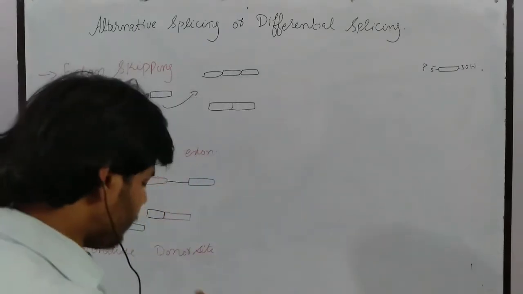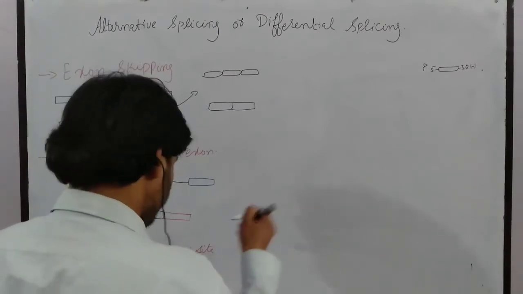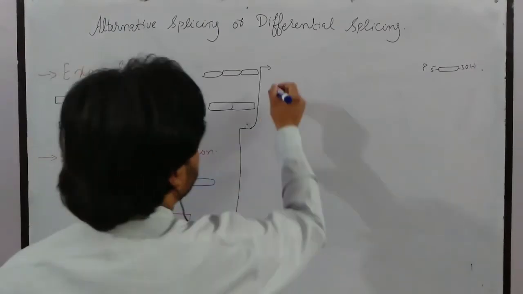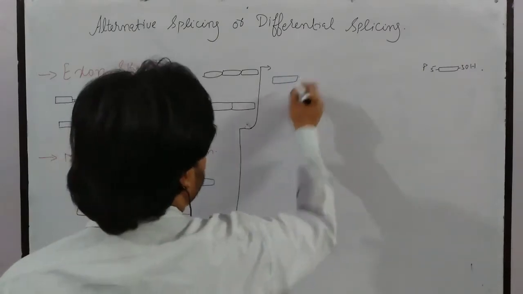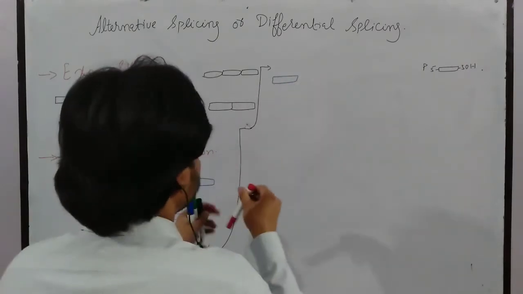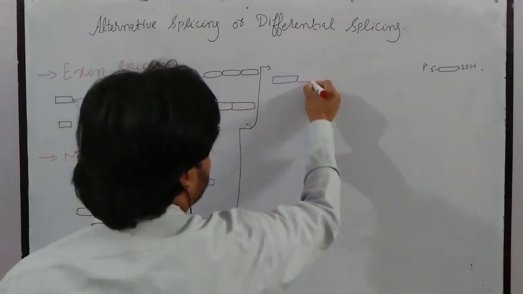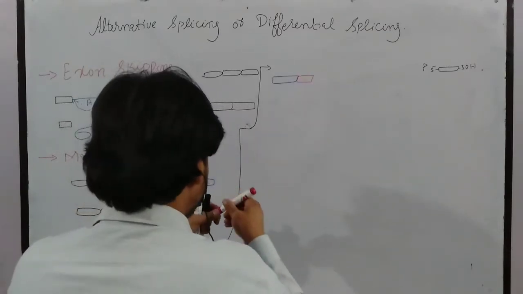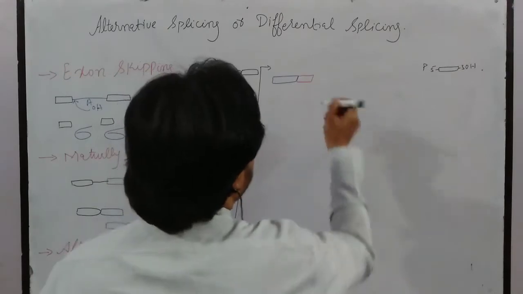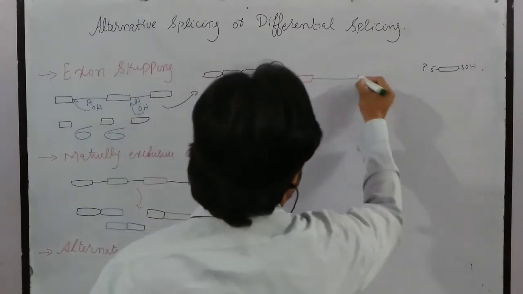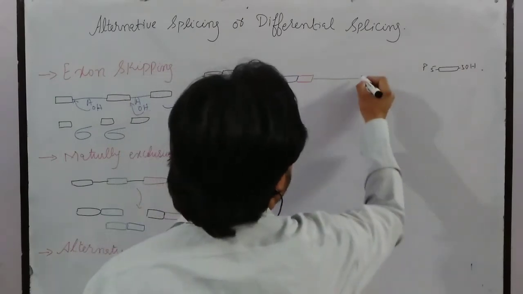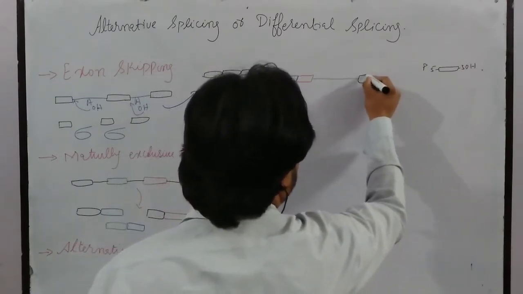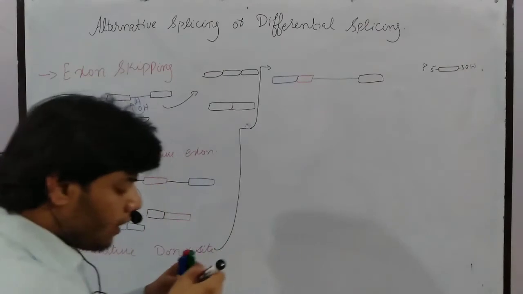So in this case, again we have this exon. With this exon, we have another exon, as you can see with this red marker. So this is another exon. And after some time, there will be the intron portion. And after that, we have another exon. Okay.